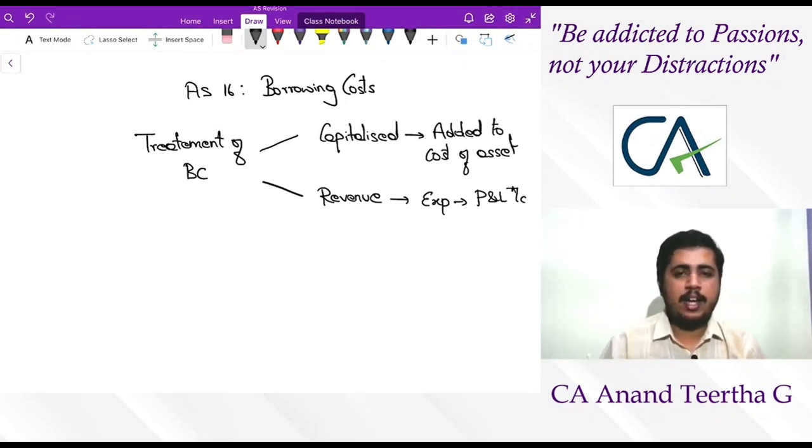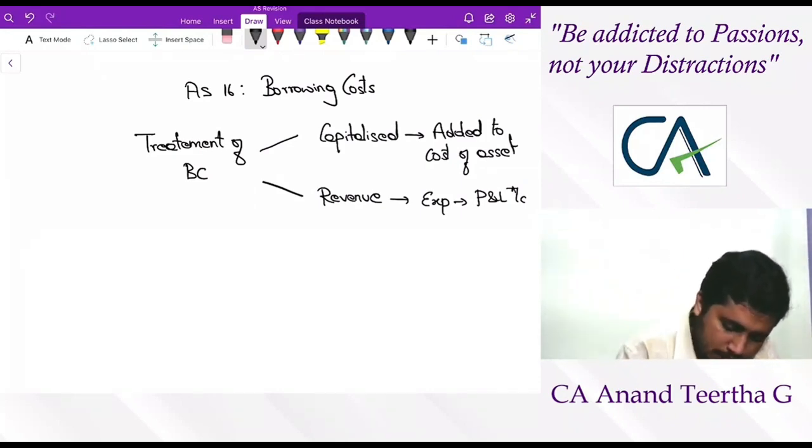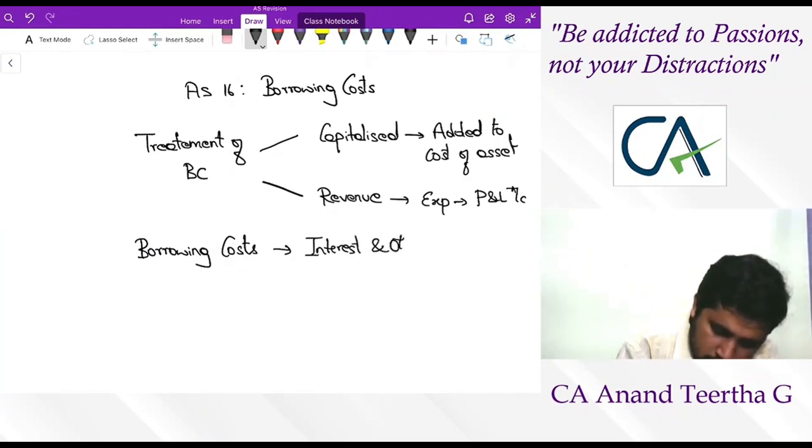If it is allowed to be considered as revenue, it's an expense which is transferred to the P&L account. Now a question comes, what do we actually mean by borrowing costs? Basically, these are interest and other costs incurred in connection to borrowings.